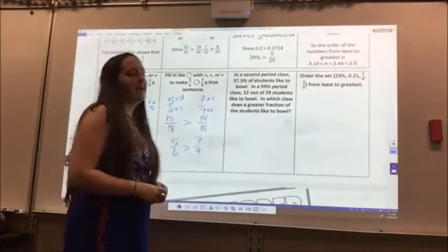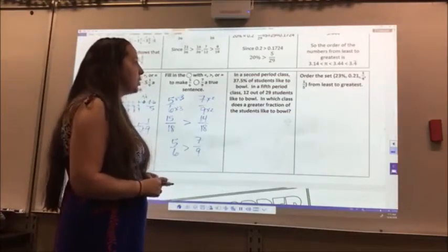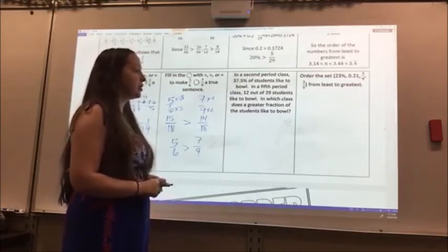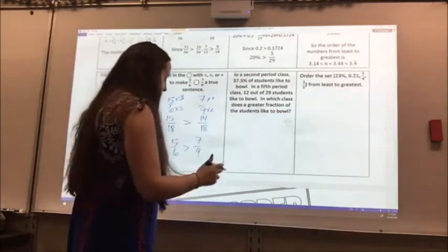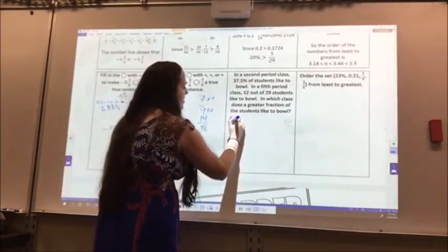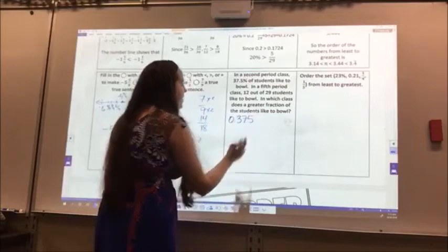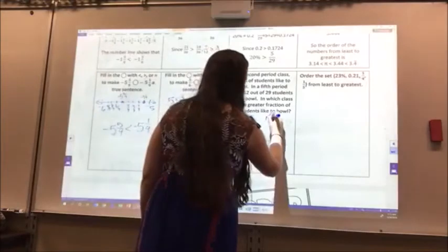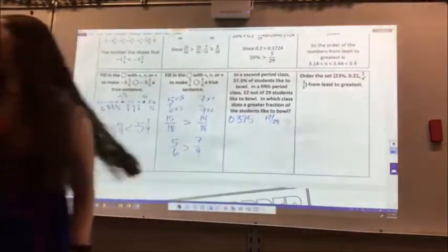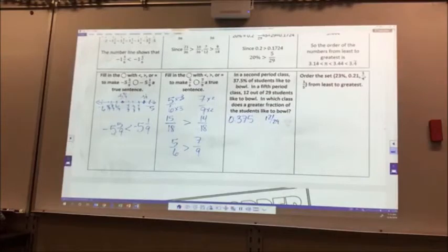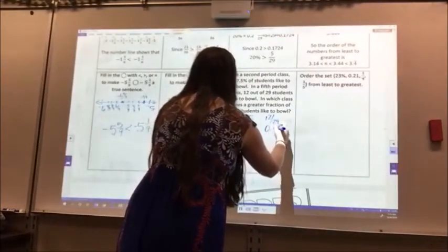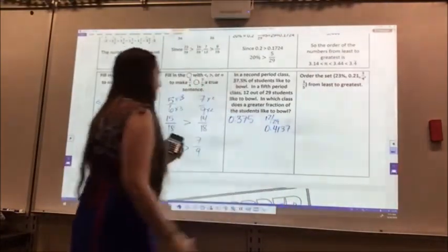In a second period class, 37.5% of students like to bowl. In a fifth period class, 12 out of 29 students like to bowl. In which class does a greater fraction of students like to bowl? So 37.5% I can change to 0.375, and 12/29 I can find by dividing 12 by 29, which gives me 0.4137, and it keeps going.